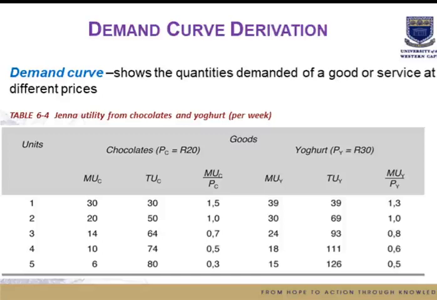Chocolate costs 20 Rand per unit, whilst yogurt costs 30 Rand per unit. Jenna's scale of preference is reflected by table 6.4. The best combination that Jenna can buy, which maximizes her total utility, comprises 2 units of chocolates and 2 units of yogurt.